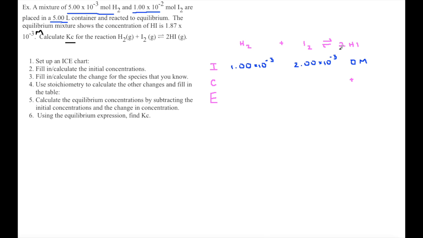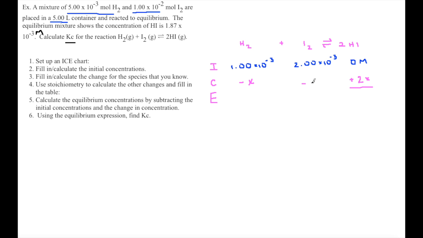Well, I know that for every 2 moles of HI that are produced, 1 mole of I2 and 1 mole of H2 are going to be consumed. So I'm going to write this as plus 2x. Now for these guys, I know that they're going to decrease in concentration since HI is increasing in concentration. Therefore, the change is going to be minus x because it's a 1 to 2 relationship.